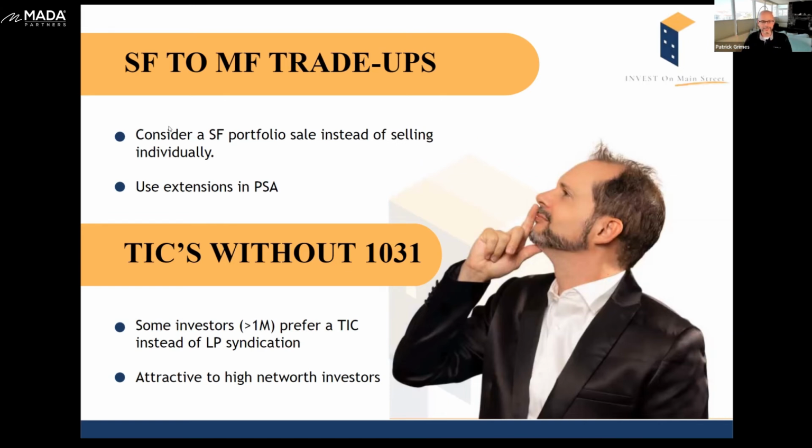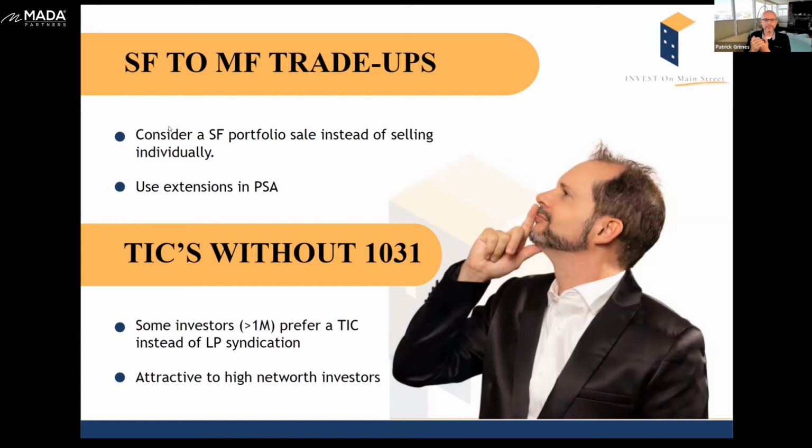And then don't forget that if you're a syndicator wanting to raise capital, tenants in common have existed for way longer than syndications. They've been around since basically the beginning of real estate. And you don't have to have 1031 funds to set up a tenants in common. What I've discovered over time is that higher net worth individuals want to joint venture or set up a tenant in common agreement, even if they're bringing cash to the table.